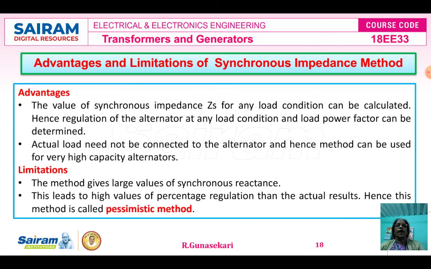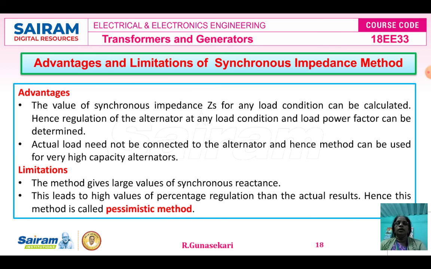Then the actual load need not be connected to the alternator, because for the open circuit test we can disconnect the load, and for the short circuit test we only short circuit the terminals. This is the advantage. Therefore, we can test very high capacity alternators.